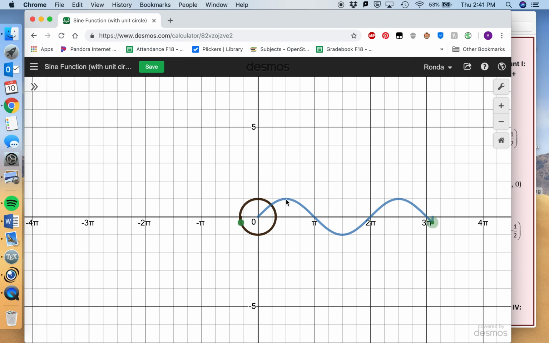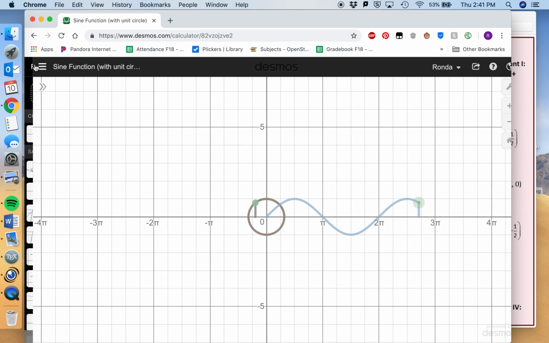This spot up here, at 1, this is probably pi over 2, 1. At here, I'm going to end up at pi, 0, because sine of pi is 0. When it comes back around, sine of 2 pi is also 0. Essentially this is tracing out the sine function. Let's go to a different graph here.